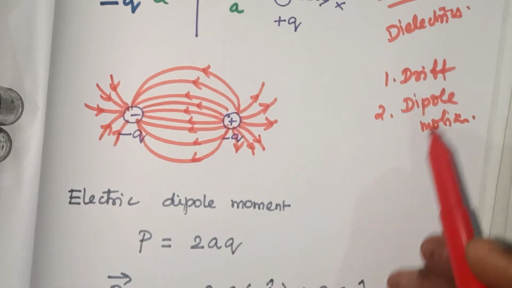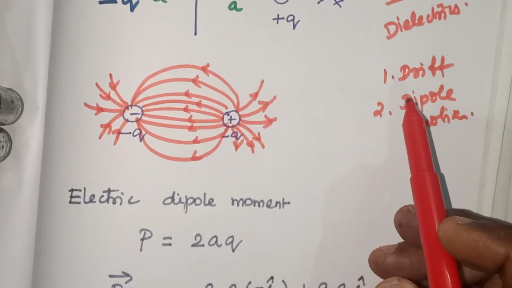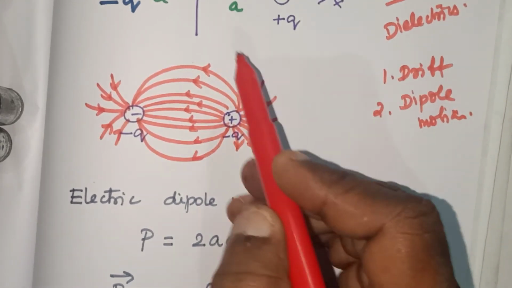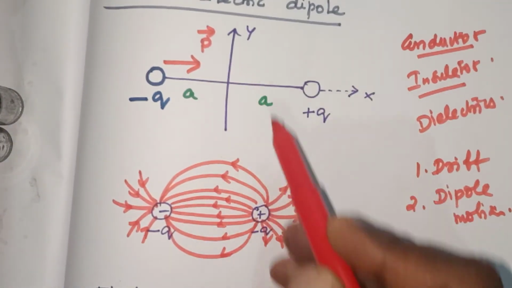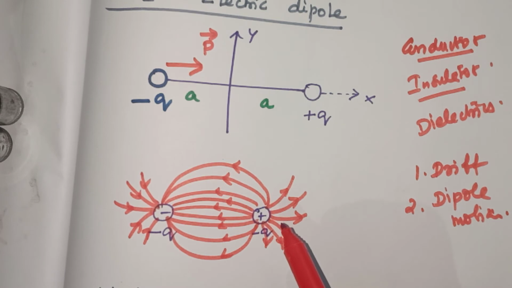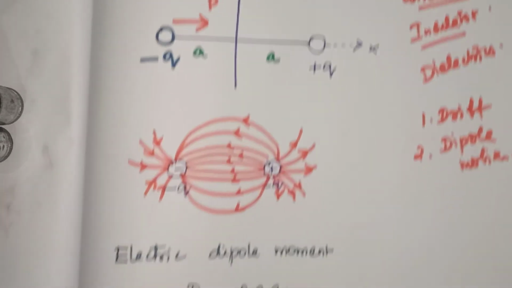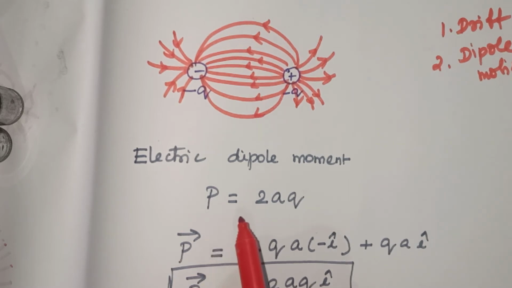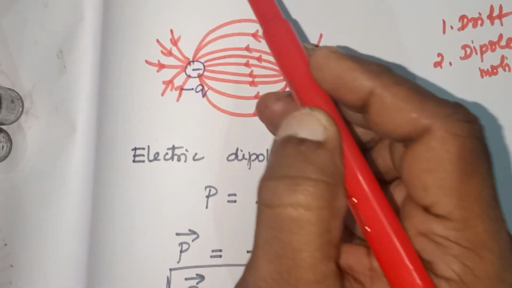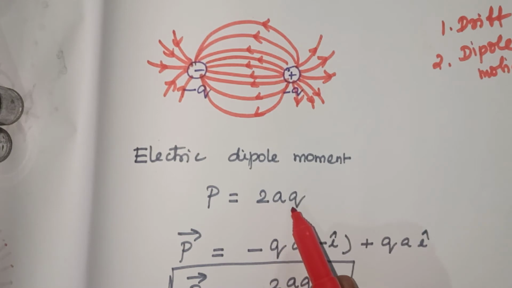Next, the distance and charge determine the moment. Here it creates some moment. Therefore, the electric dipole moment p is equal to 2aq.